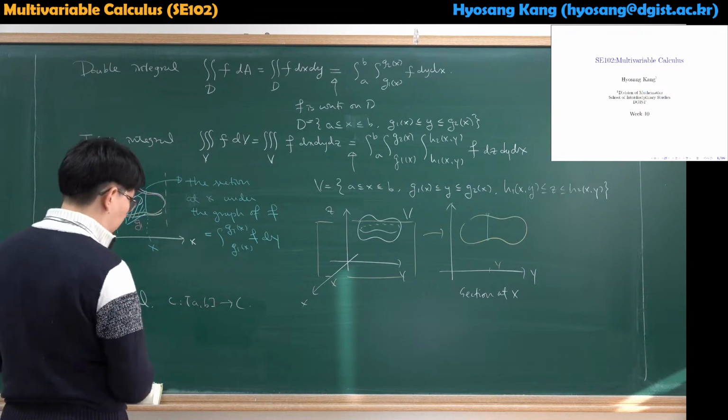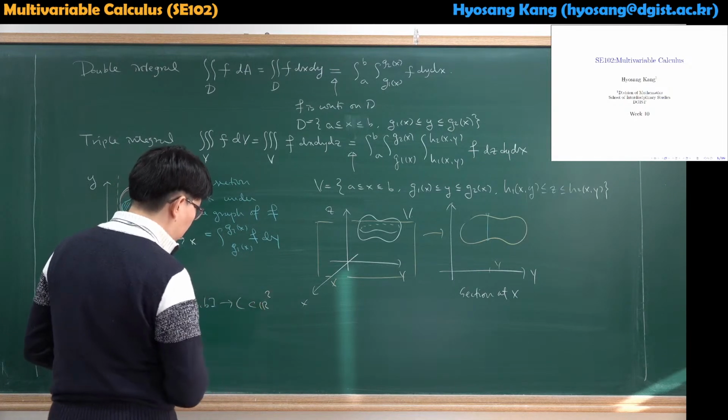So let's say we have a parameterization C which lies inside of a two-dimensional plane.